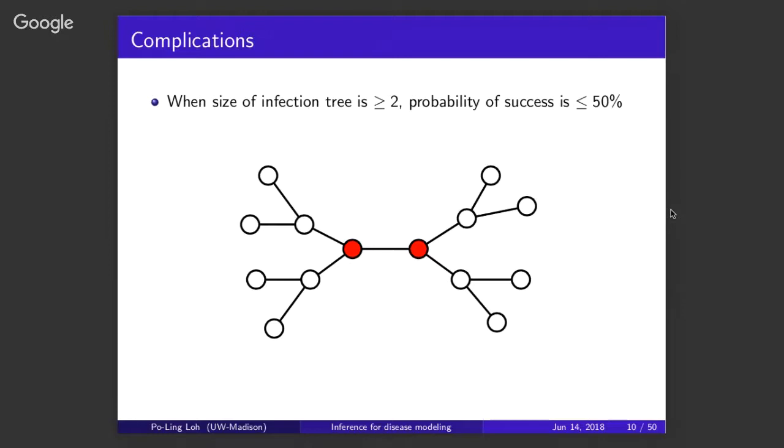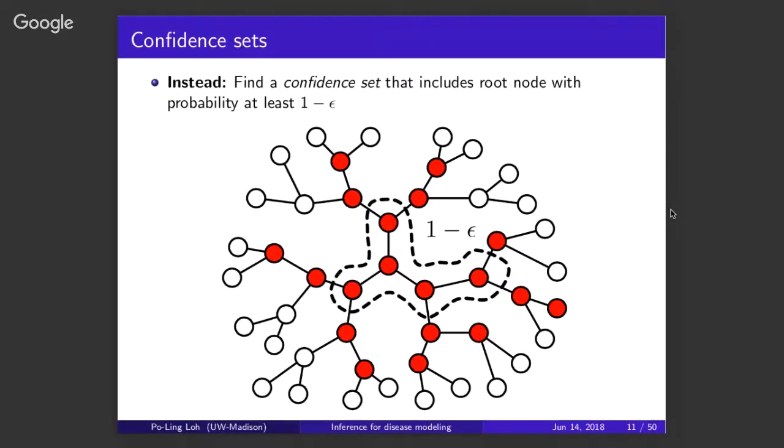And so whatever procedure that you have for picking out one node will have probability of success bounded by 1/2. And so for this reason, as I said, we want to pick out a collection of nodes rather than just a single node, because we want to be able to guarantee that, let's say with probability at least 95%, the estimator that we construct will contain the source.